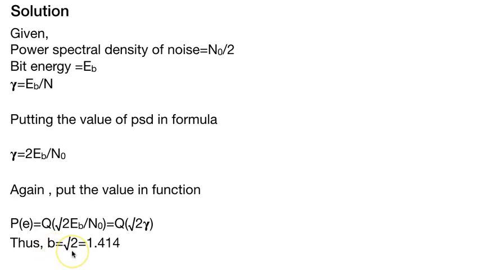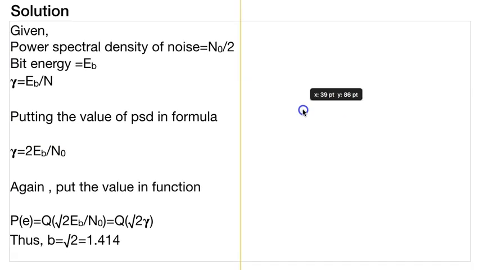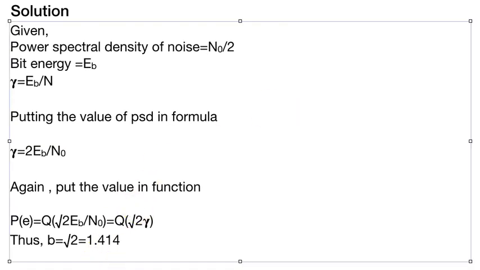Then B is equal to under root 2, which is 1.414. Do not complicate this, okay? Now if you wish to calculate it with the other formula which I have just mentioned, then you can do it with that formula too, keeping sigma square equal to N0, and you will get your value because it's already the power spectrum.